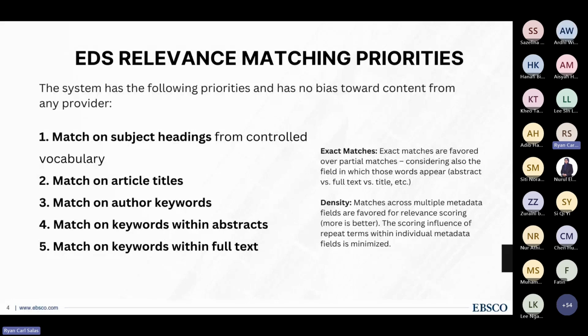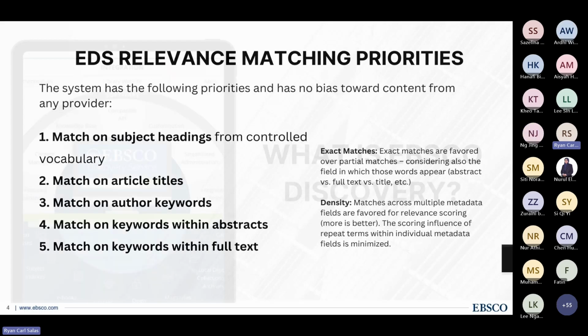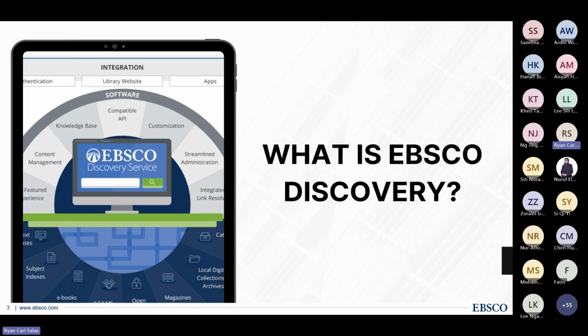EDS is a single search box that allows us to search simultaneously across the library's databases, including the catalogs, journals, electronic journals, magazines, books, ebooks, institutional repositories, and much more.